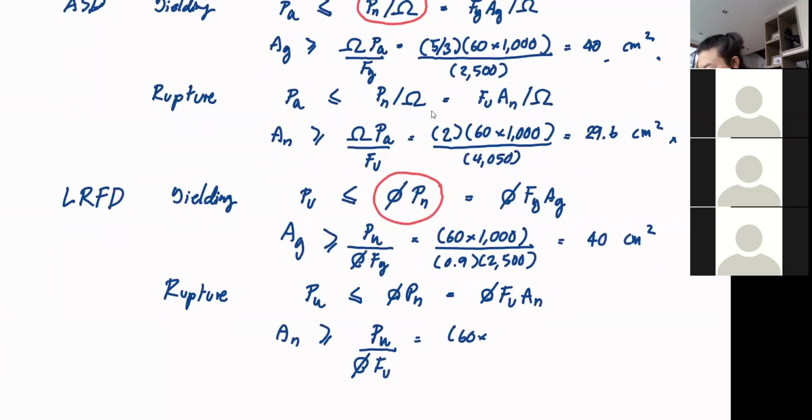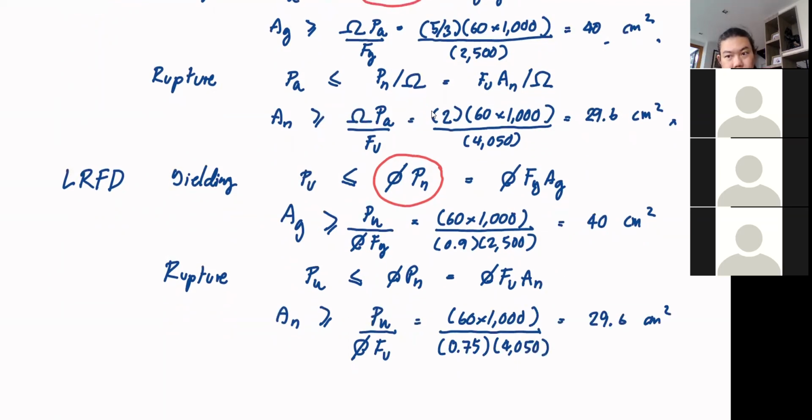Again, the load is the same. And the denominator, this is rupture, so be careful: phi is now 0.75 and Fu is 4050. And again, ladies and gentlemen, the number is the same. I'll come back and explain this, but let me finish the job here first.